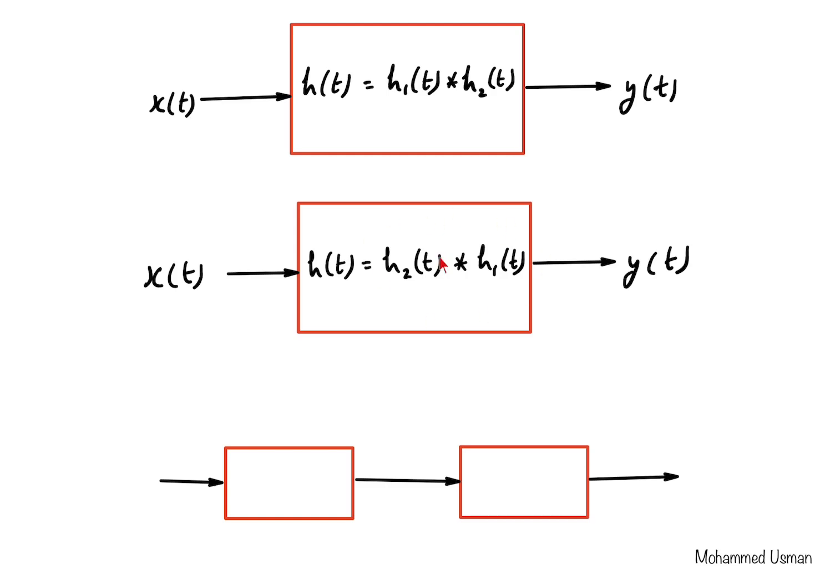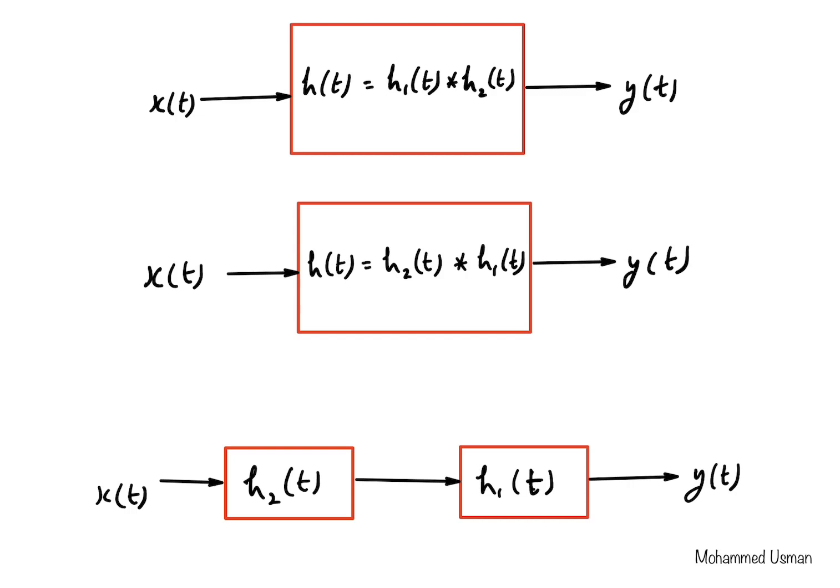And from here we can split it further to say that we can break this single system into two systems in series, as h2 of t, and in series with that we will have h1 of t, and an input x of t would produce the same output y of t.